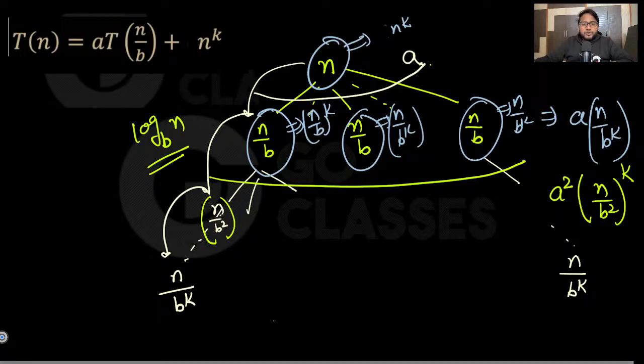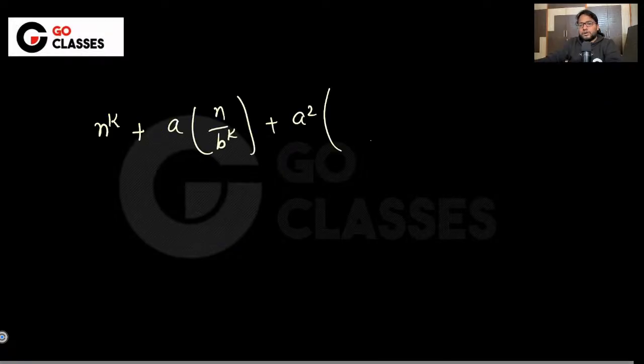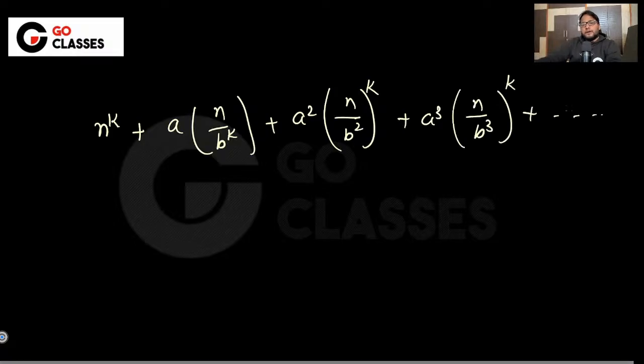So in this case you are doing n power k, then a into n upon b power k, then a square into n upon b square power k, a cube into n upon b cube power k, and so on. At the last level, how much will you be doing?